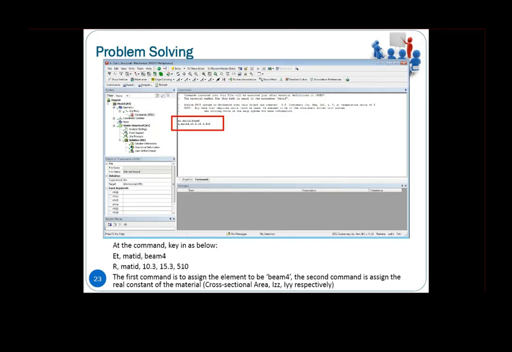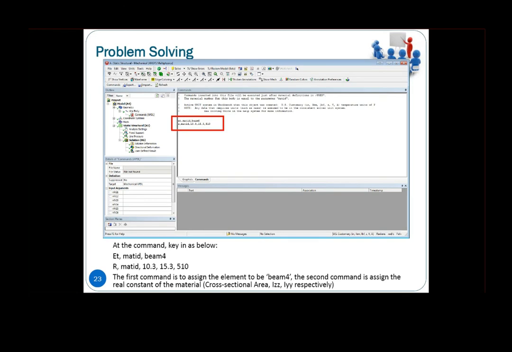All right, so how to call it? Basically, it is not by default. By default, I would say that it is using beam 188 already, because it considers more parameters, the shear part, the rotation parts due to the shear force itself, which we didn't consider just now.